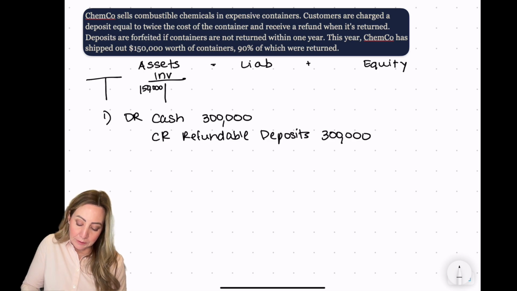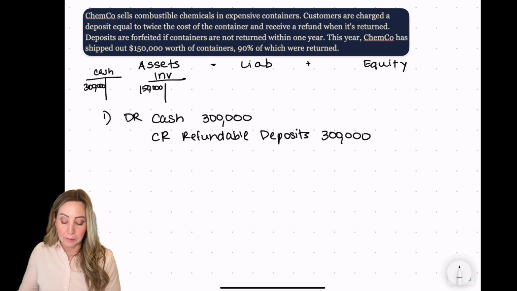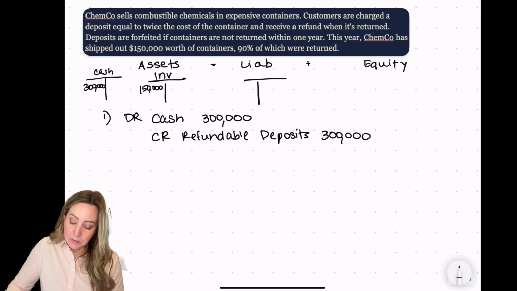So I also need over here under assets a cash account for the $300,000 received. And that new resource, that $300,000, can be claimed by the customers, which is represented by this liability account called refundable deposits in the amount of $300,000.